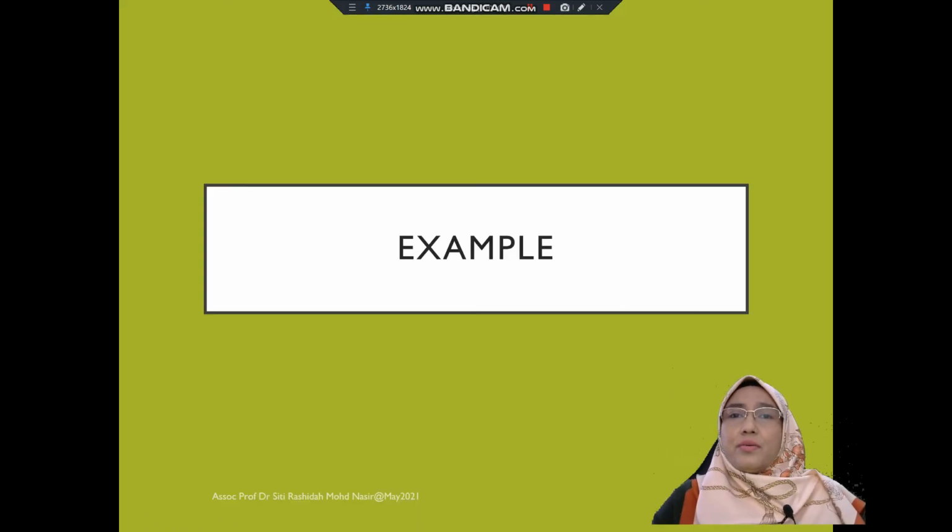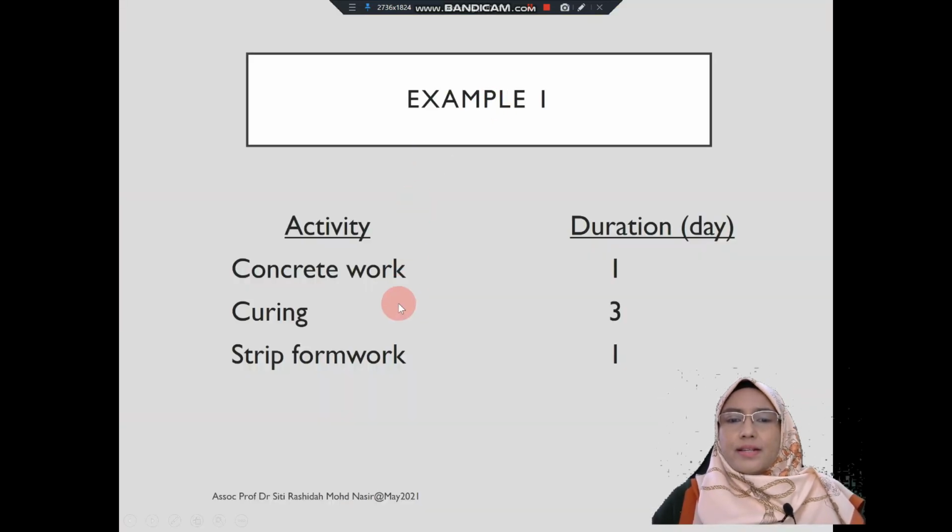Now that we know the fundamentals and the relationships of precedence diagram, let's look at the first example. In this case, we have three activities comprising concrete work, which is 1 day, curing 3 days, and strip formwork is another 1 day.